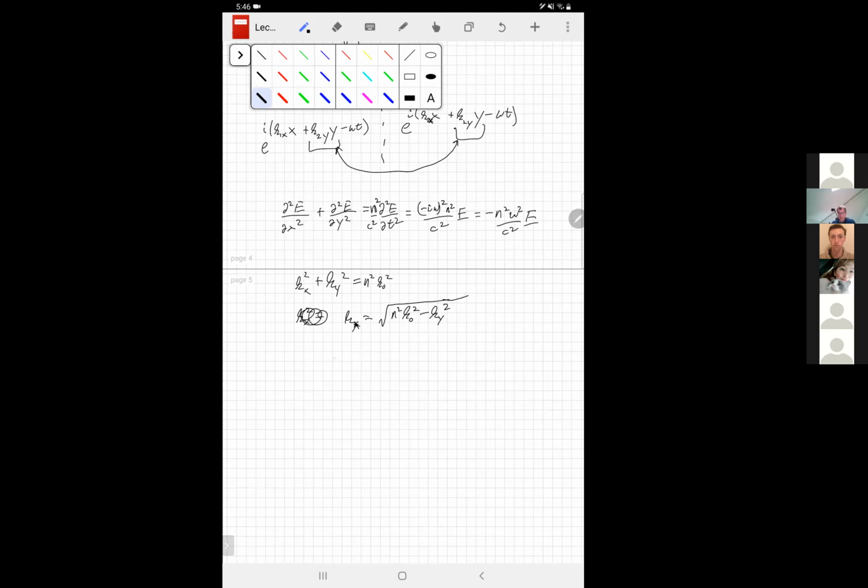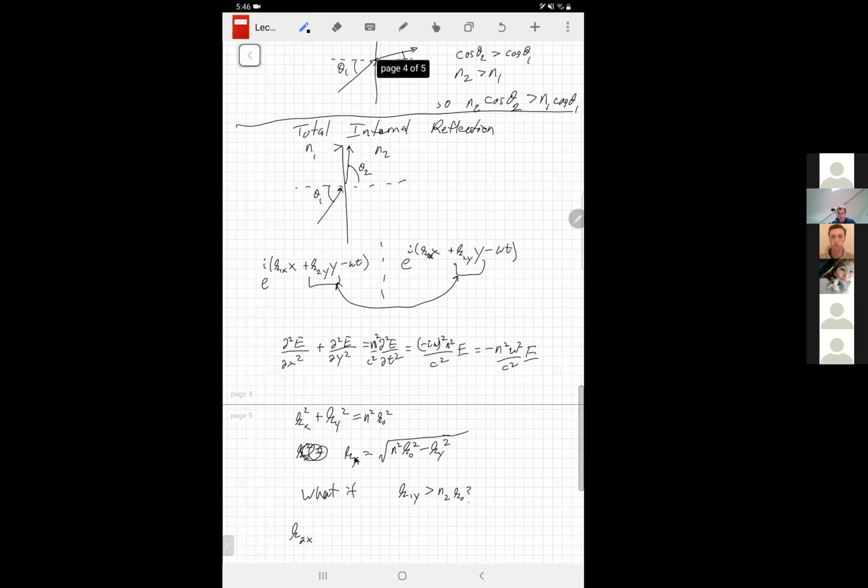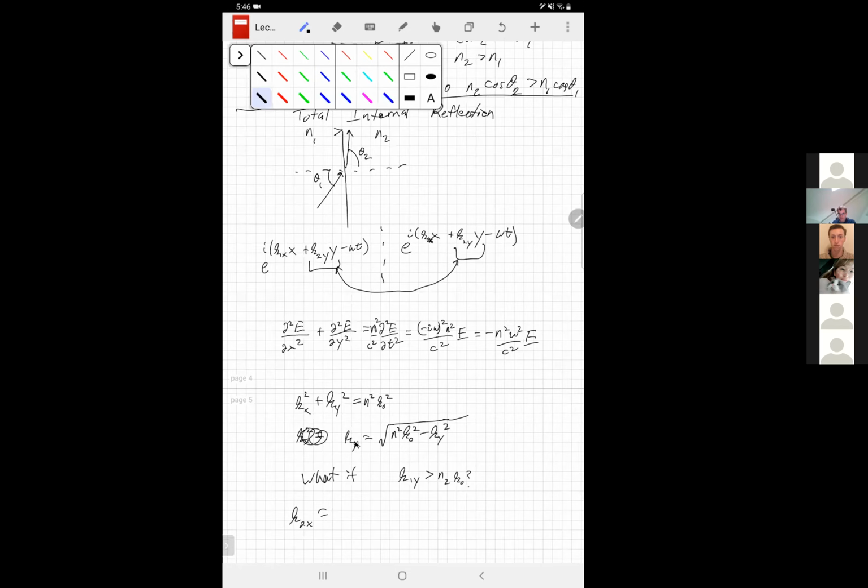But what if it should turn out that k1y is larger than n2 k naught? So k2x, the x component of the k vector on the right side, is the square root of n2 squared k naught squared minus k2y squared.